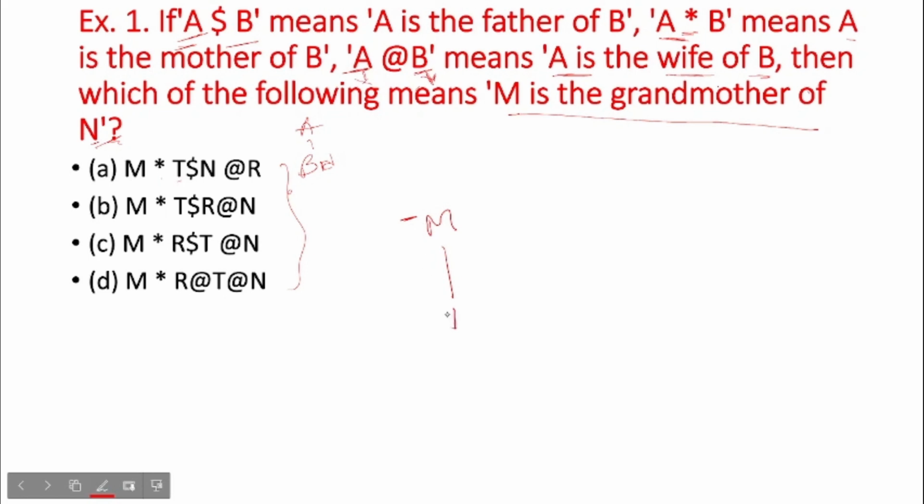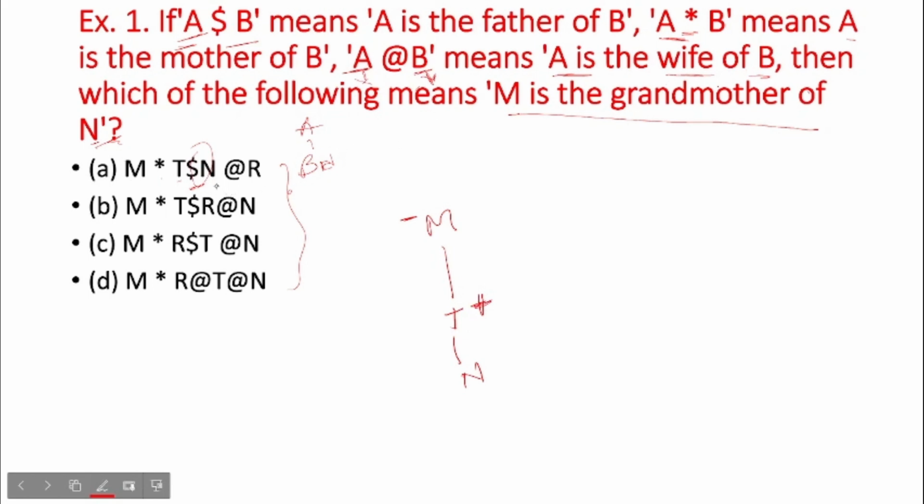And T dollar N. Dollar means father, so T is father of N. That means T is male. And I think we got our answer.